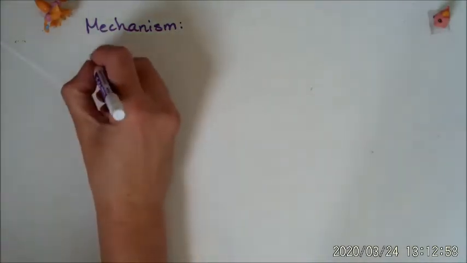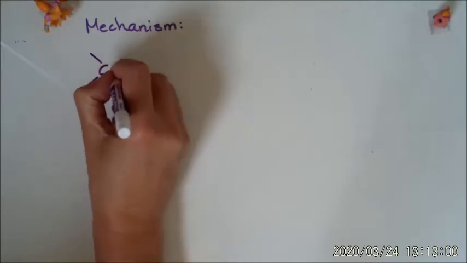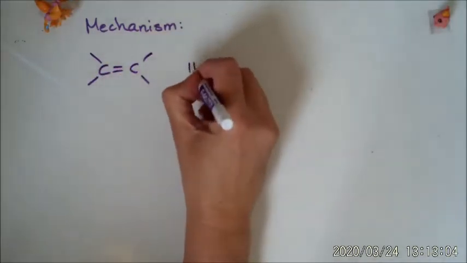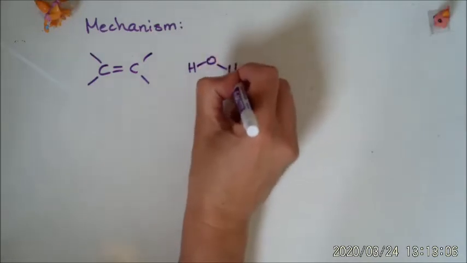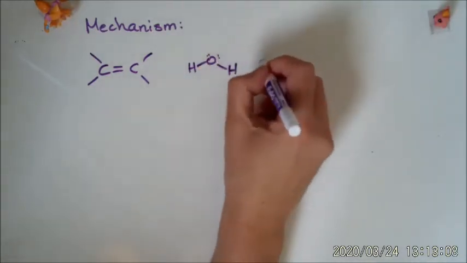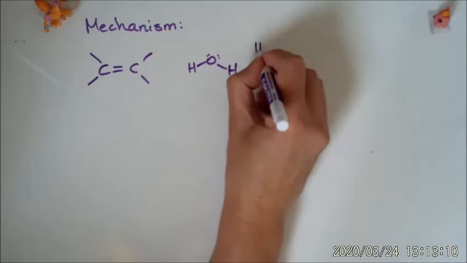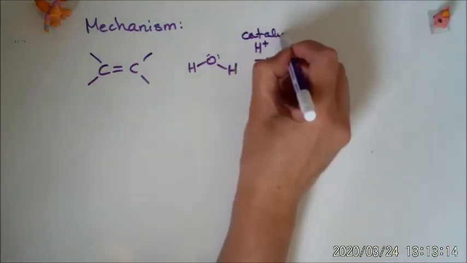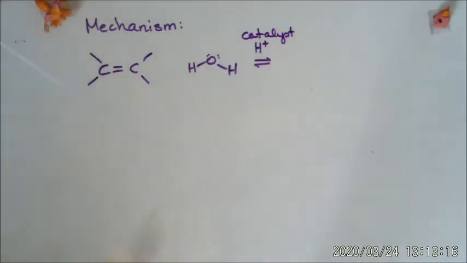We have our alkene. We have water. And we're going to add a catalyst, acid, typically in the form, in this case, of dilute sulfuric acid.